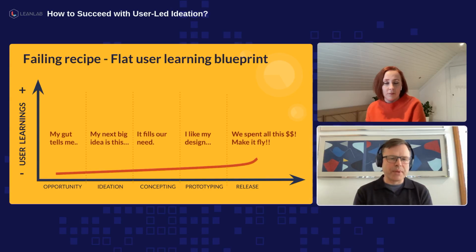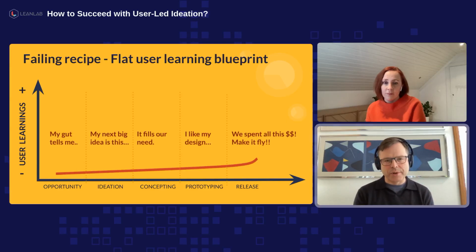Let me explain what I mean by this. Here on the horizontal axis, you can see a typical product or service development journey from opportunity identification down to mid stages of prototyping and ultimately releasing your service.